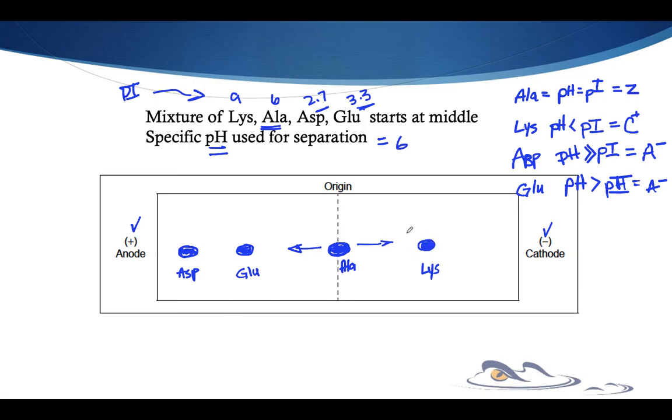So this is what my chromatogram might look like after I run the electrophoresis process for a little while, showing the different separations of the amino acids based upon what? The pH of the solution and the pI of the individual amino acids at that particular pH.